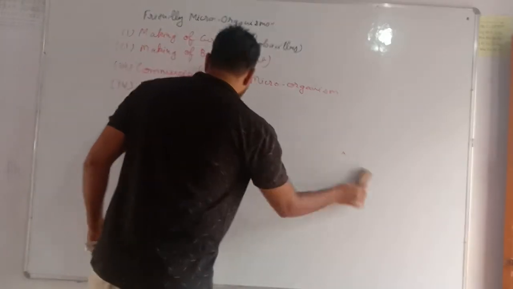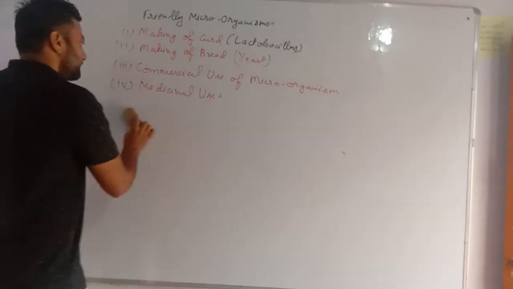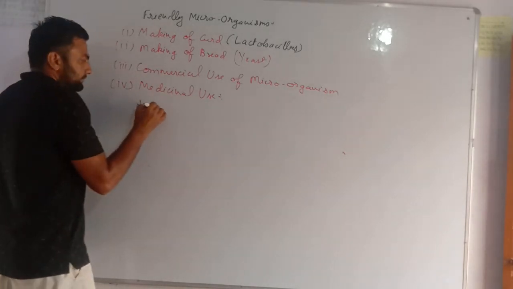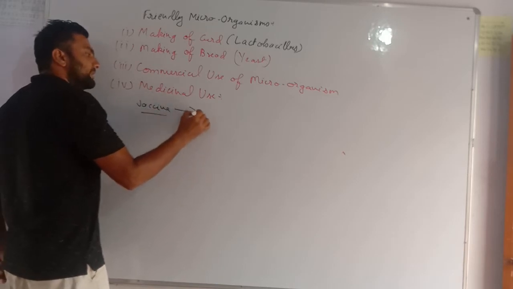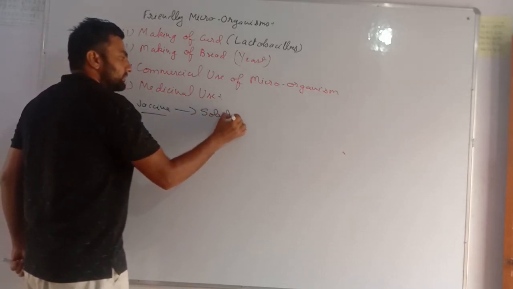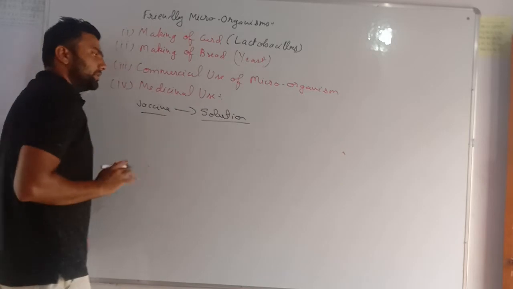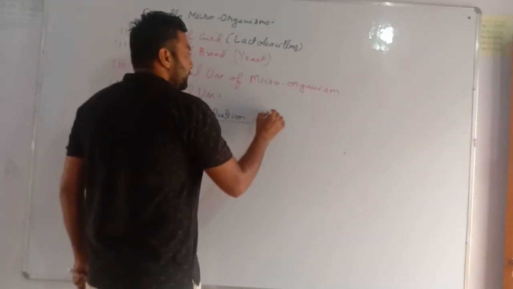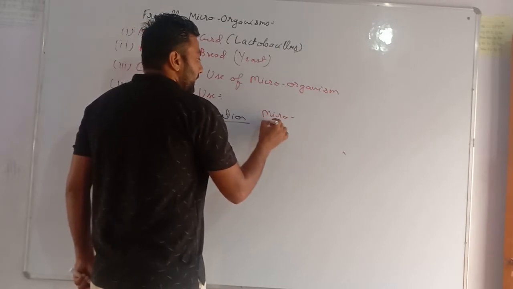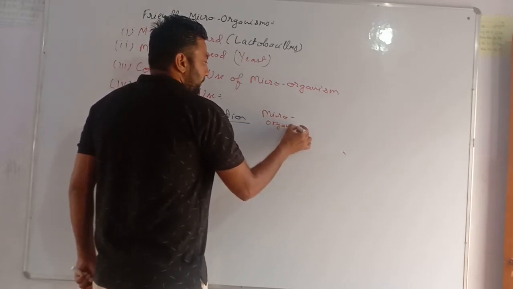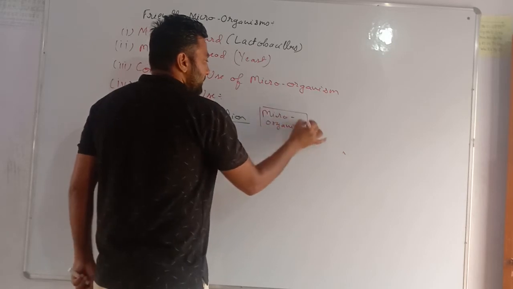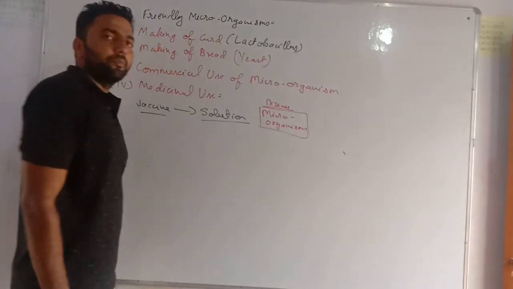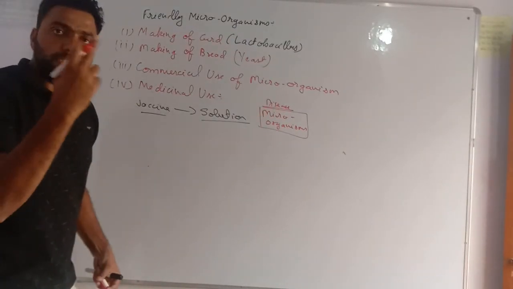What is a vaccine? A vaccine is basically a liquid solution. This liquid solution itself has microorganisms, and these microorganisms are disease causing, meaning these organisms cause some disease.